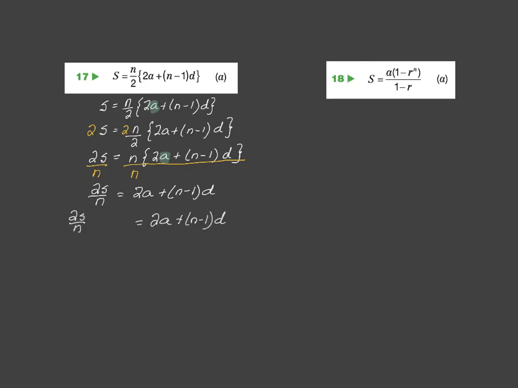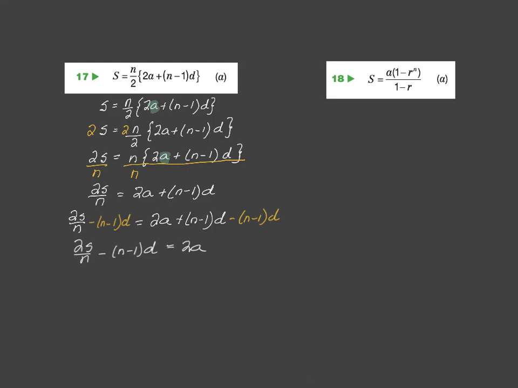I'm subtracting (n minus 1)d on the left to get rid of that second term, and what I do to one side, I must do to the other. On the left, I have 2s over n minus (n minus 1)d is equal to 2a, because plus (n minus 1)d minus (n minus 1)d gives me 0.